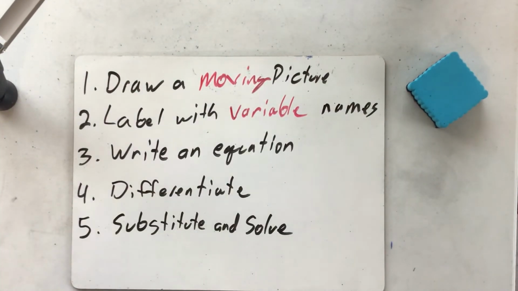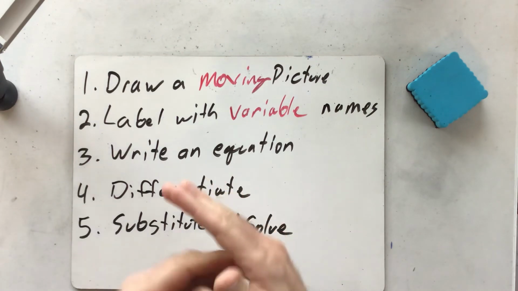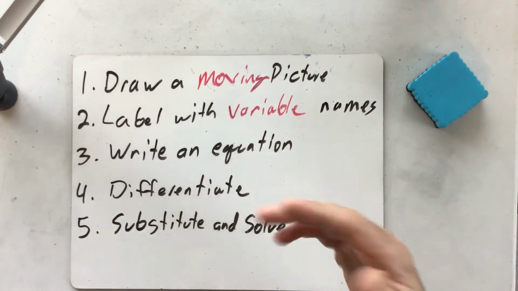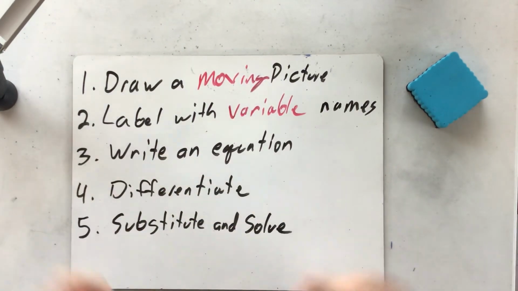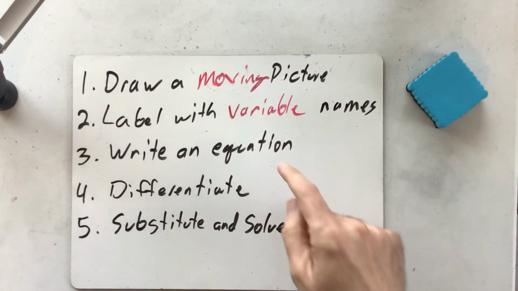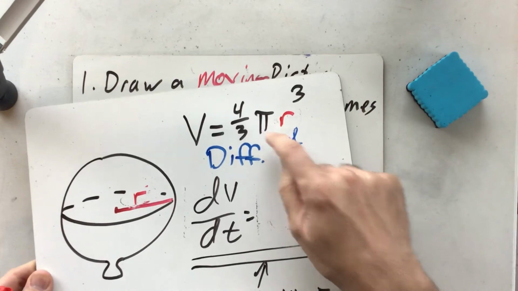Now, there will be times, and we'll see in just a minute, where we'll have problems that do have things that are staying constant. For example, in the next problem, we're going to have a ladder, and the length of the ladder is not changing. So you don't have to put a variable name on things that don't change, but put a variable name on everything that changes as your problem moves. Once you have that variable name, you write your equation, and so there's our equation.